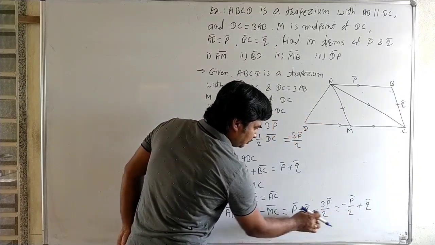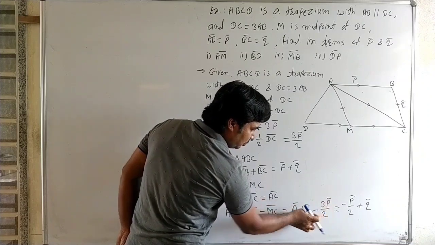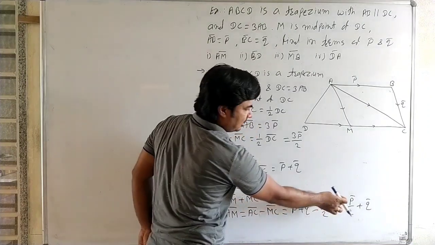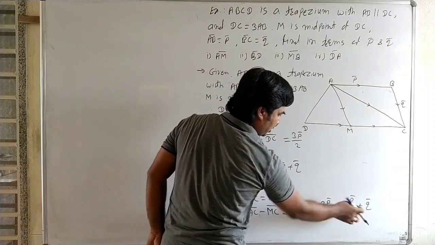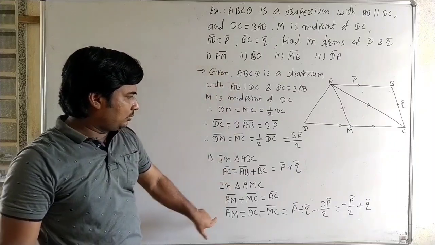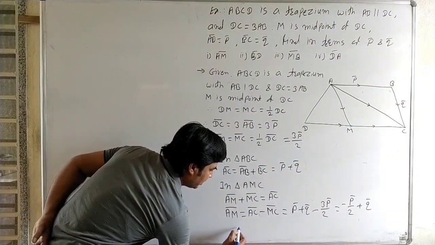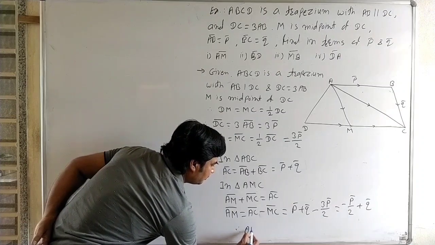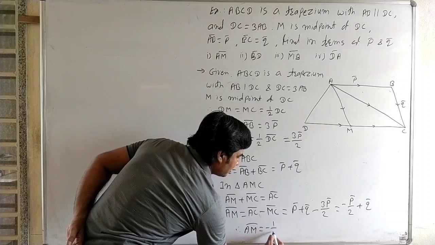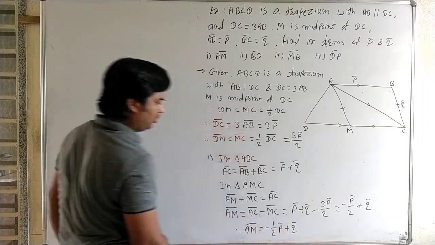Therefore the value of AM is minus 1 by 2 P bar plus Q bar.